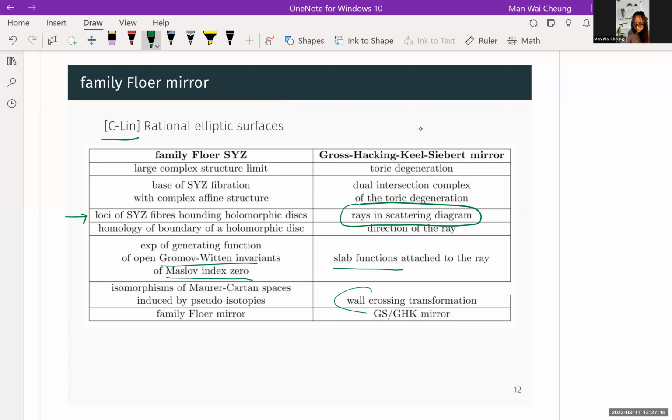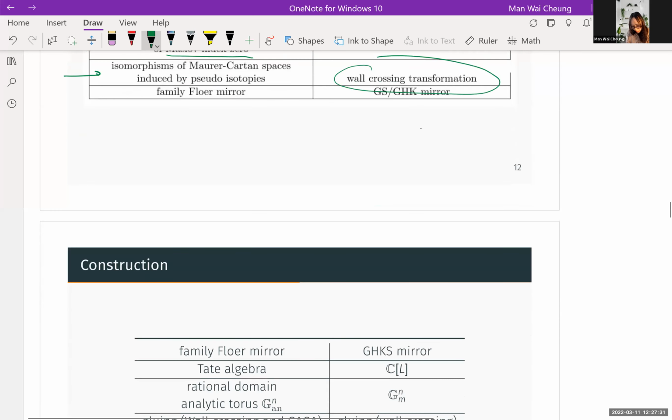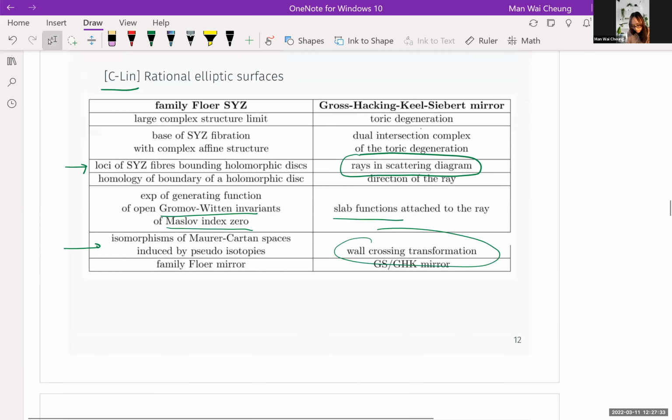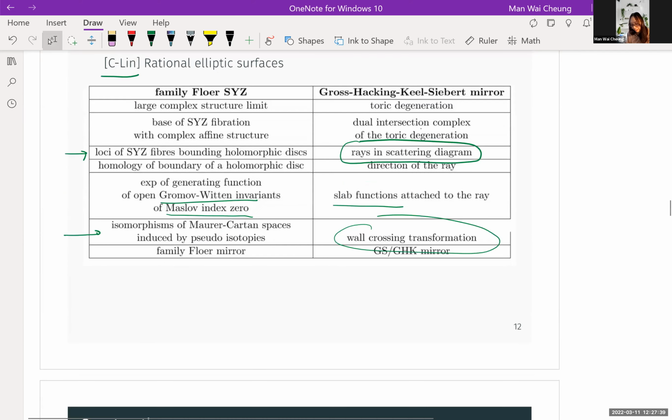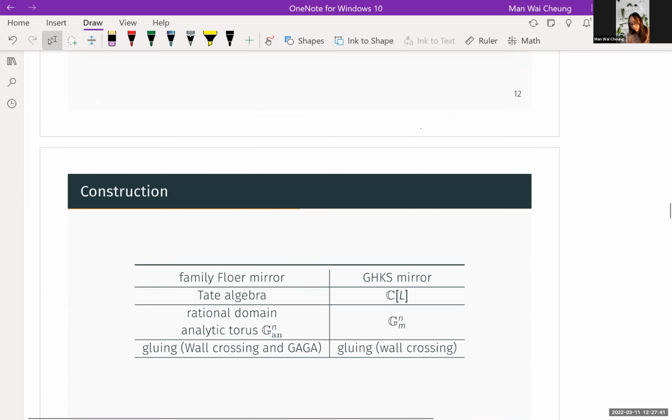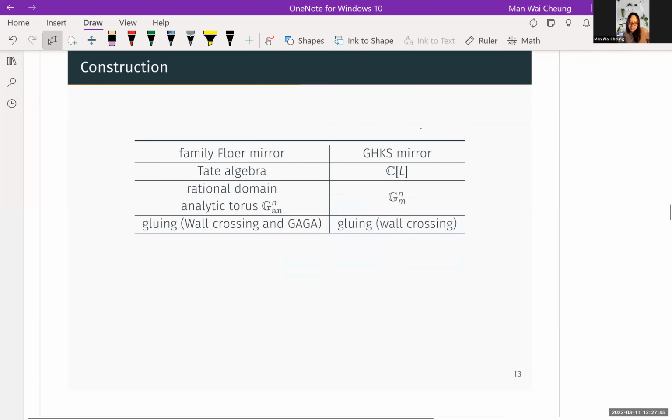And then the wall crossing from the GHK point of view will be an isomorphism of the Maurer-Cartan space induced by the pseudo-isotopy. So at least from my point of view, this is so similar that we cannot stop ourselves from putting the ideas from GHK or cluster theory onto the family Floer mirror side.